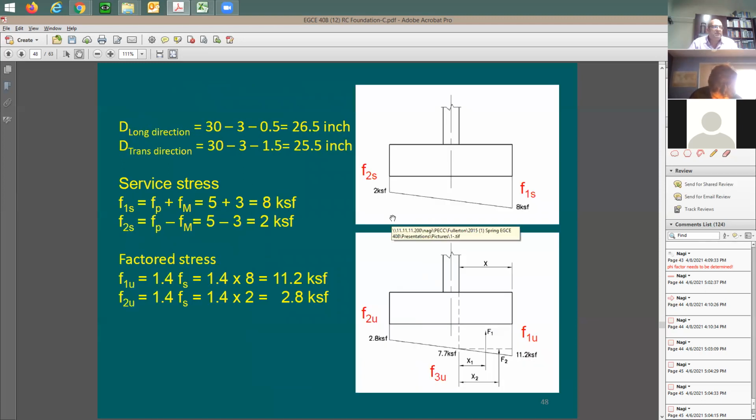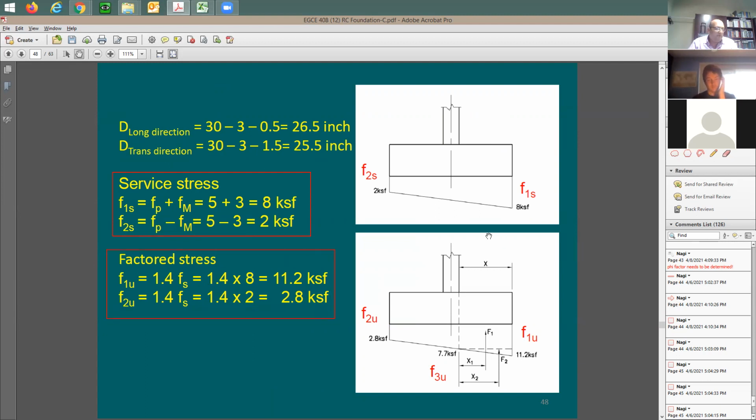So as it says here, after I find out the service stresses, which we have done this step before, you guys recall this? The 8 and 2, one side is going to be 8, the other side is going to be 2. So we went through this FM and FP and added them, subtracted them, and we know that this footing is not uplifting. It's not going up. So in this case, we decided that the factored stress can be just the service stresses multiplied by a factor of 1.4.